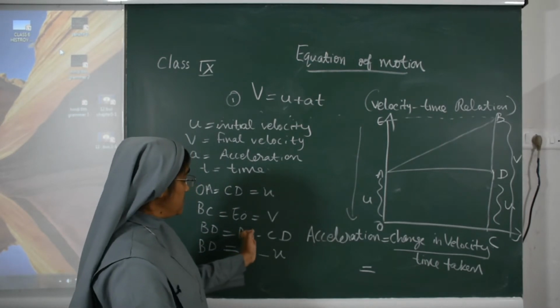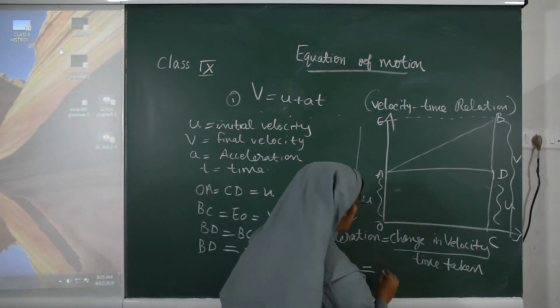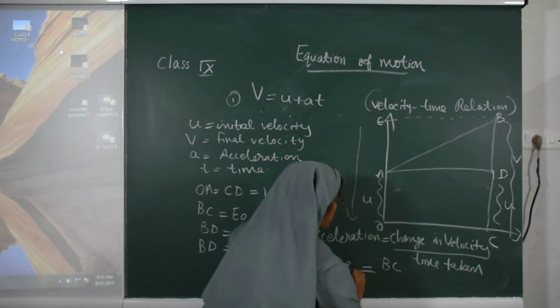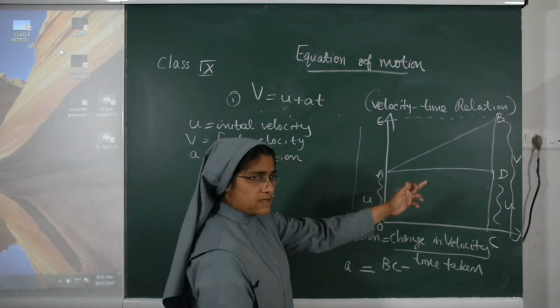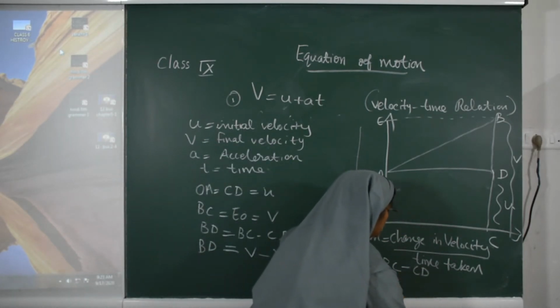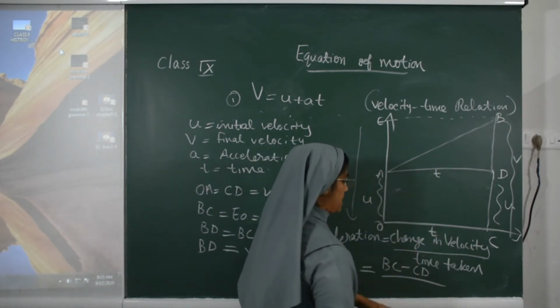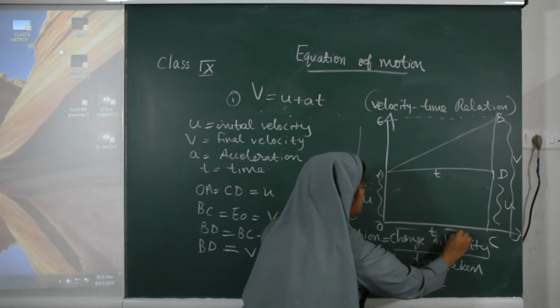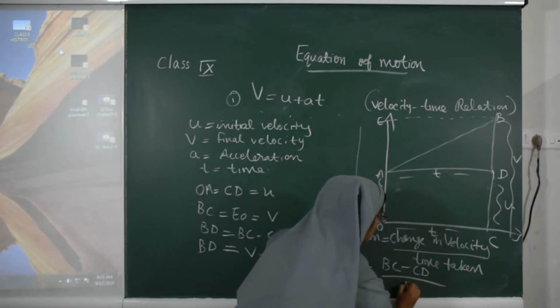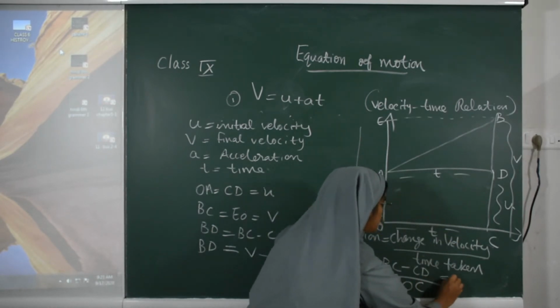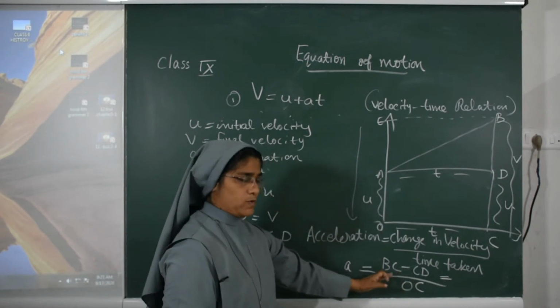Final velocity is BC, so a is equal to BC minus initial velocity CD, upon time. Here, time interval is OC. So, BC minus CD upon OC.